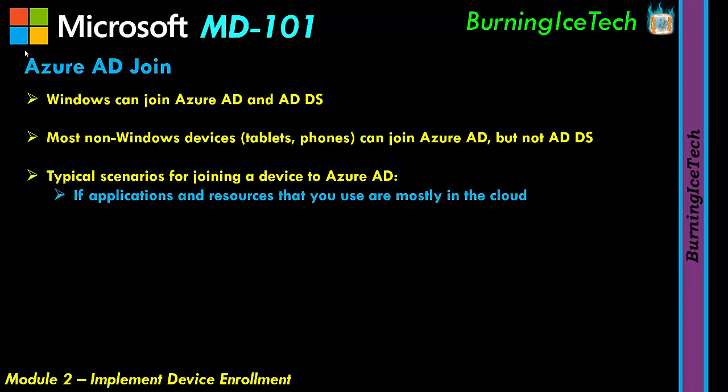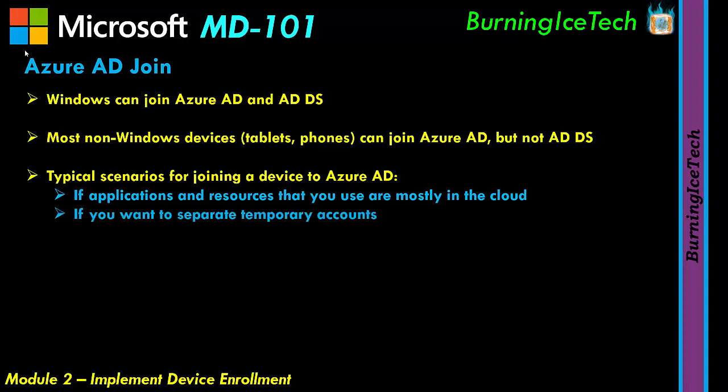Because if you join those devices to your Azure AD, you as the administrator have control over who can access resources in the cloud and to what extent they can access the cloud. So I can basically go and say which devices or who is allowed to go and access what. So if I've got applications in the cloud or just general resources being stored in the cloud, I can go and choose exactly which devices or exactly which accounts can go and access those resources and to what extent and when and all that kinds of stuff.